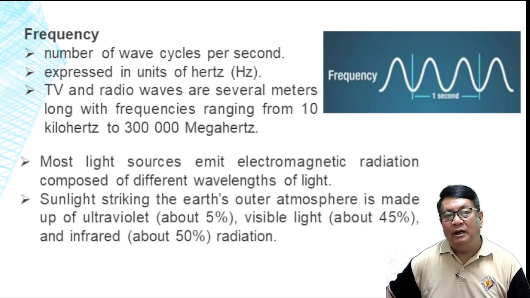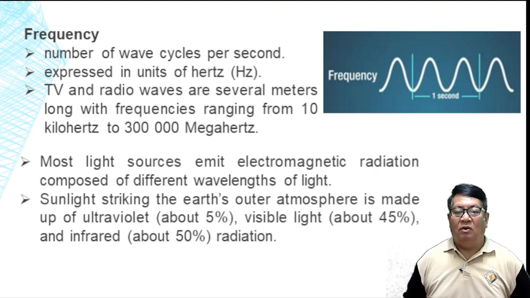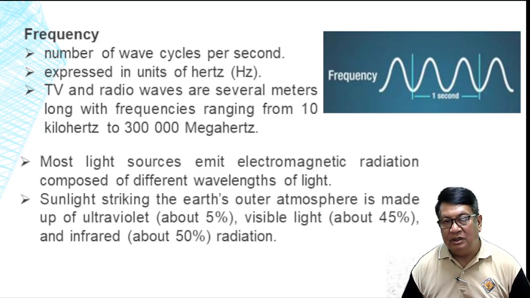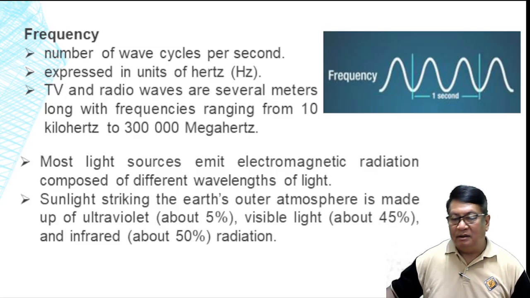That is why you should not look directly at the sun, because of all these radiations you will be receiving. 5% is ultraviolet, only 45% is visible light, and infrared radiation is more or less 50%.